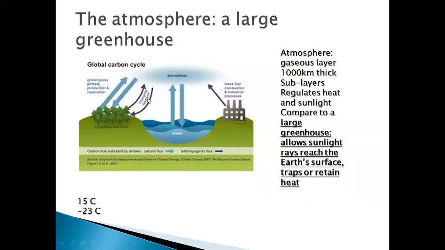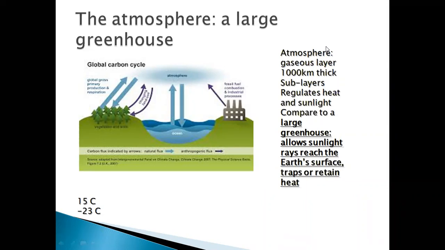And what is the name of that effect? Okay, what is the name of that effect? Come on, you know that. That helps to keep our planet temperature. Greenhouse, yes.